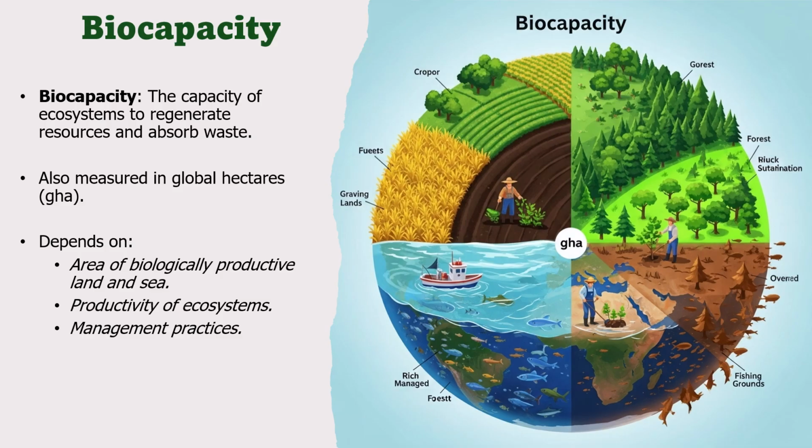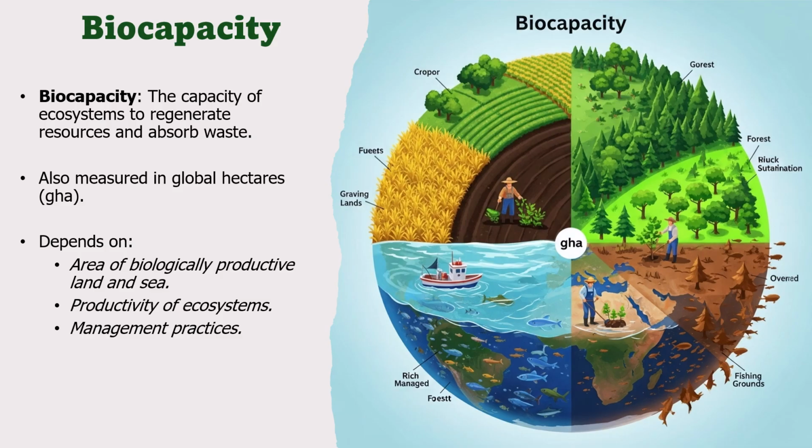Several factors determine biocapacity. The first is the area of biologically productive land and sea, such as croplands, grazing areas, forests, and fishing grounds. The second is the productivity of ecosystems, which depends on natural conditions like soil fertility, rainfall, and climate, as well as technological improvements in agriculture or forestry.